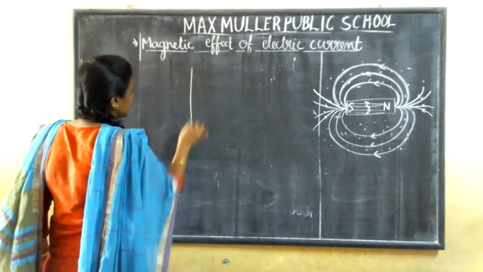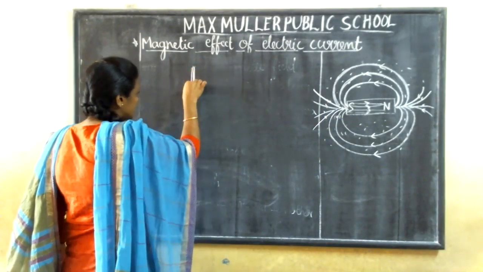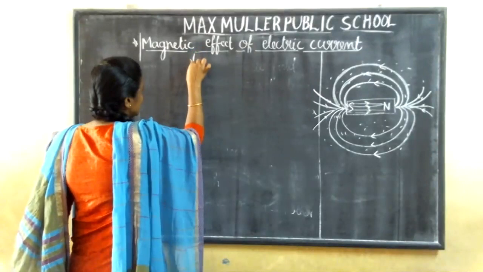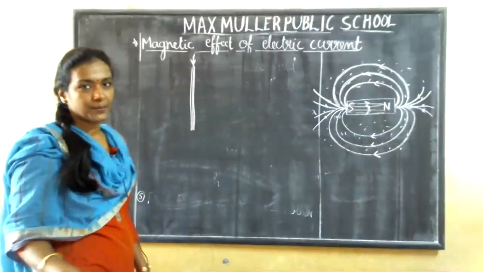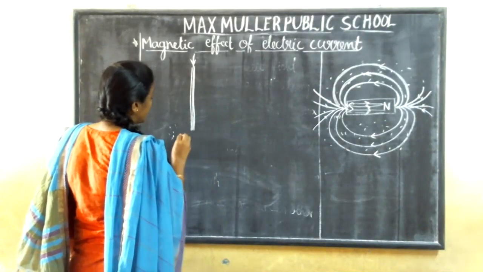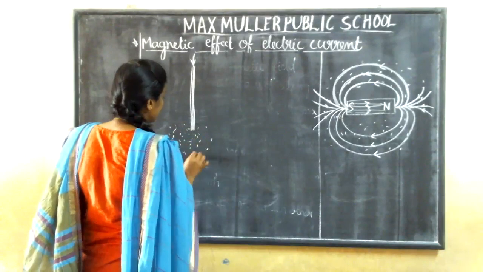take one wire. Wire means you are not going to touch it with a bare hand. This is a wire here. Think that this is the direction of the current. Again, I am putting some iron powder surrounding this wire.